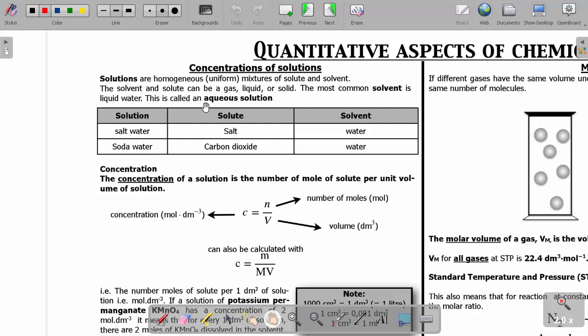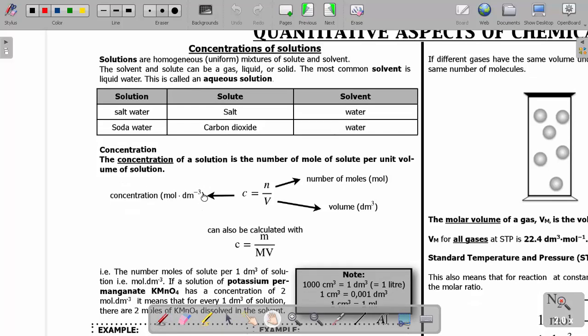This is called aqueous solution. So whenever you see aqueous solution, you mean something has been dissolved in water. Where we have a solution, solute, and solvent. For example, salt water contains a salt, and that's a solute, and then the solvent is water. And then soda water, the solute is carbon dioxide. What about the solvent? It is also still water.